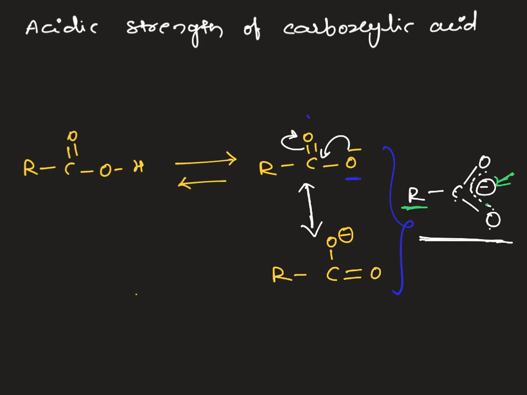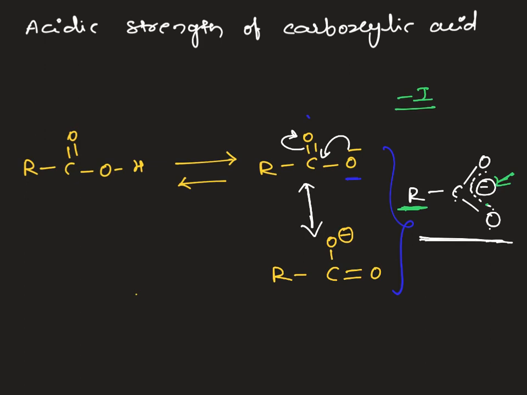So whenever we are looking at the strength of the carboxylic acid, the R group we have to consider is a minus I group, that is, a negative inductive effect group. We have learned that a negative inductive group will pull electrons from the system to itself, and a plus I group will donate or displace its bonded pair of electrons to the system.